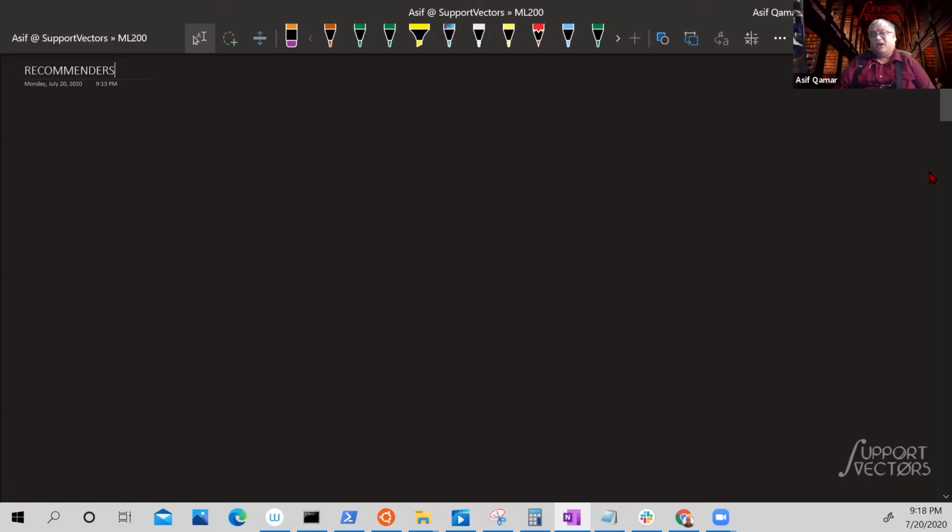Then you can do item-item similarity. For example, you can say, this person is searching for a computer. This computer he looked at, so maybe he may buy that, or let me suggest other computers that are like it or in the same price range. You see some of that happening when you go to purchase a car.